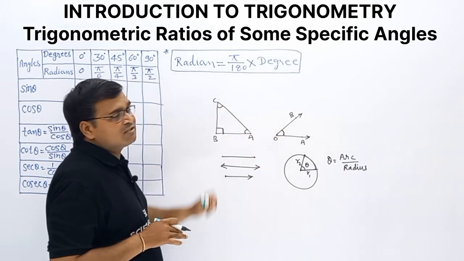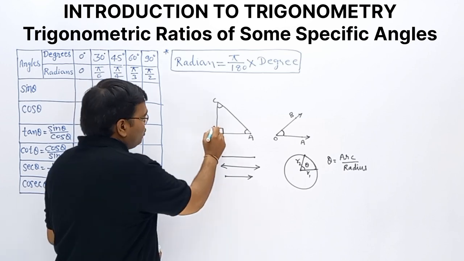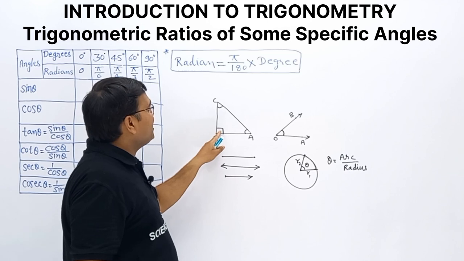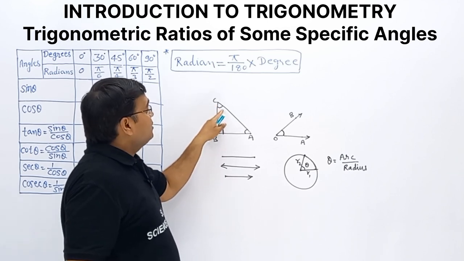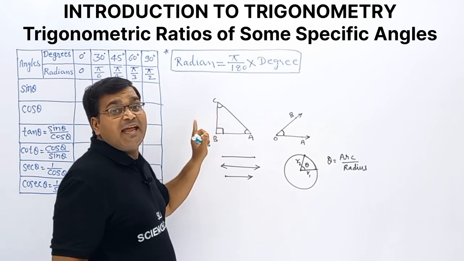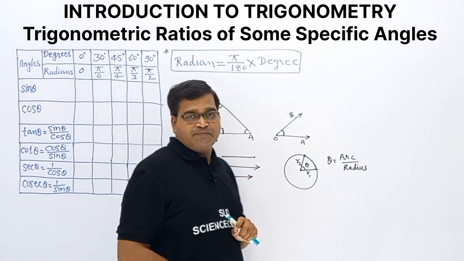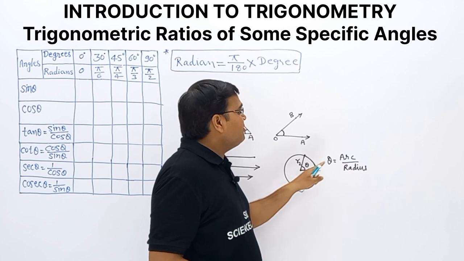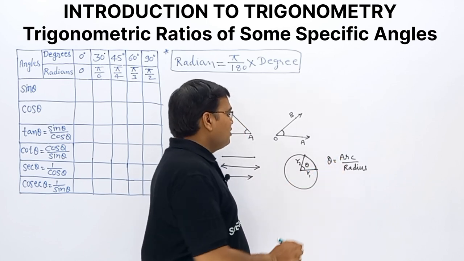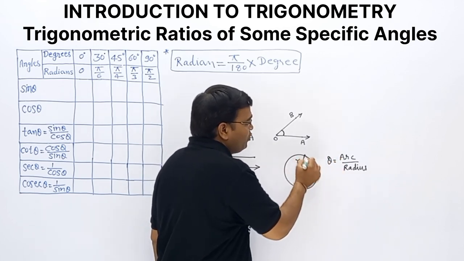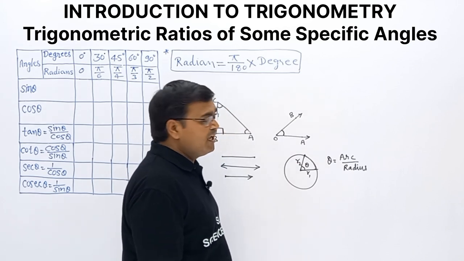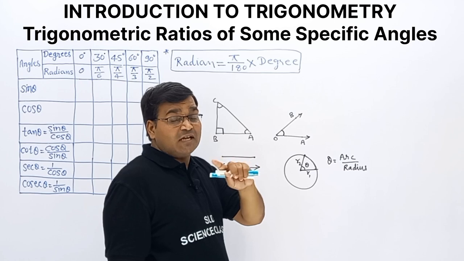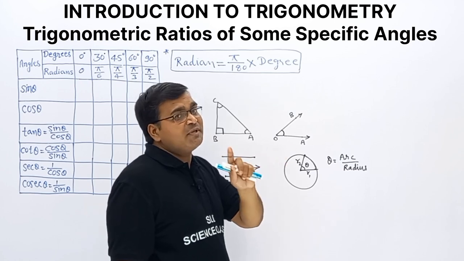Once we talk about the sides of a triangle, two sides meeting, that meeting point makes an angle. And in the circle the angle will be at the center: arc upon radius. Between two radii we get the arc, a length of the circumference.